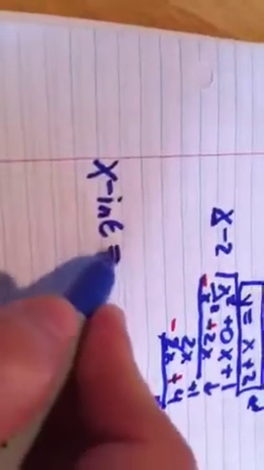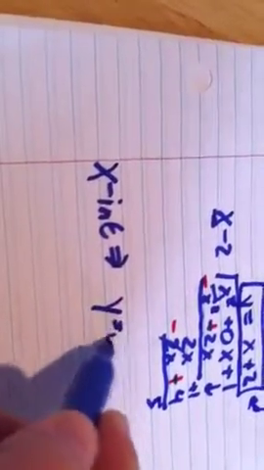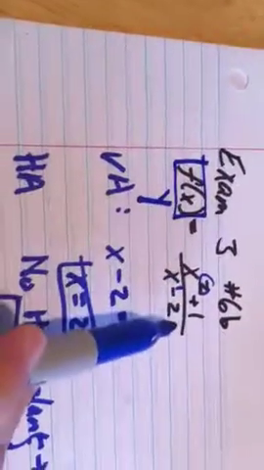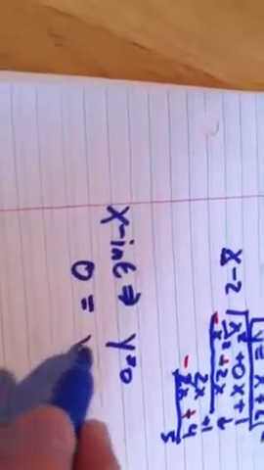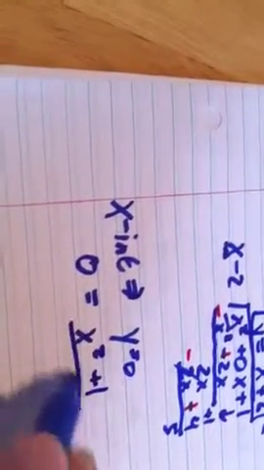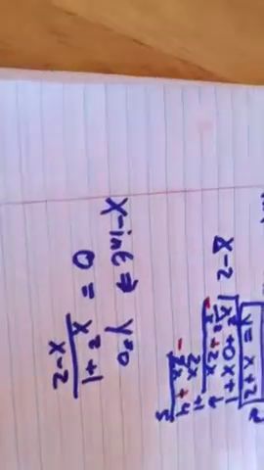You know you can always find x-intercepts by letting y equal 0. Remember this f of x is like y, so this is equal to 0, so we're going to have 0 equals the function. So I'm going to say 0 equals x squared plus 1 over x minus 2.